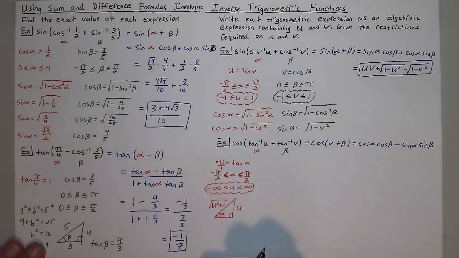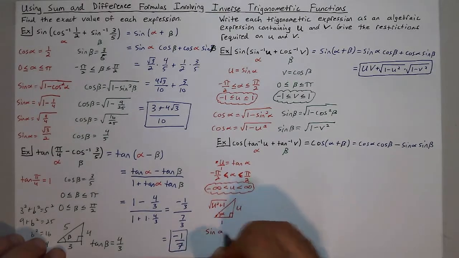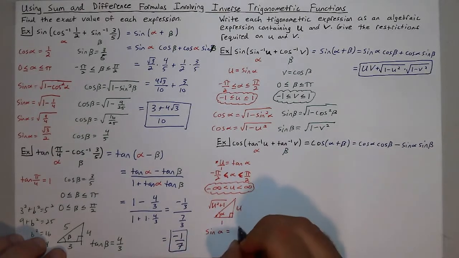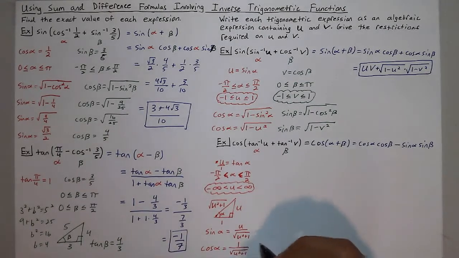I'm going to add them together. So I can see that sine of alpha, which could be negative, is going to be equal to u over the square root of u squared plus 1, while cosine of alpha, which needs to always be positive, is 1 over the square root of u squared plus 1. Which should always be positive since I can't get any negative values from that square root.